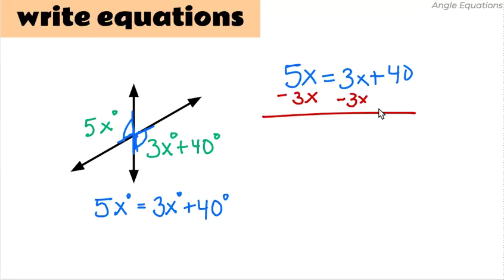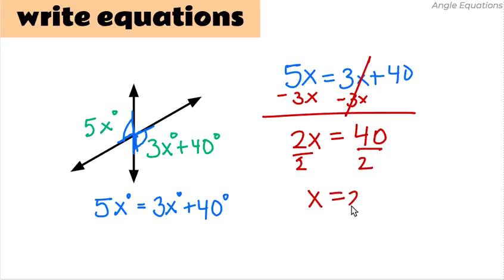So again, if you just start out with a variable on one side, that's when we subtract a constant, right? Or get rid of a constant on one side. Because I have x's on both sides, I've got to get rid of an x on one of my sides. Those cancel. I get 2x equals 40. x equals 20.